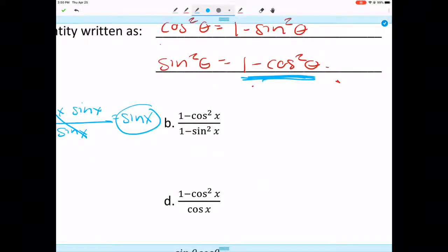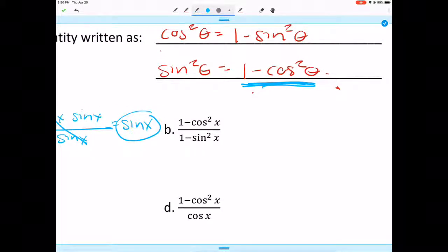Next one, we're basically going to use this and this to simplify. So 1 minus cosine squared of x gives us sine squared of x. Gosh, I keep saying theta. Over cosine squared of x.